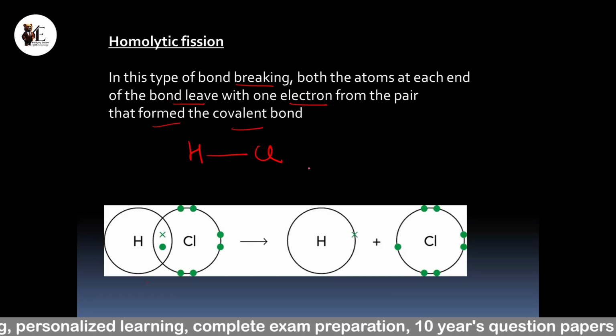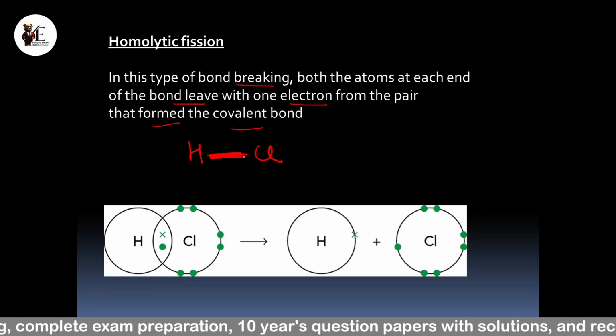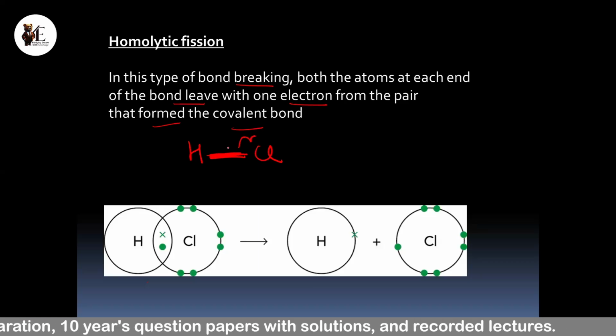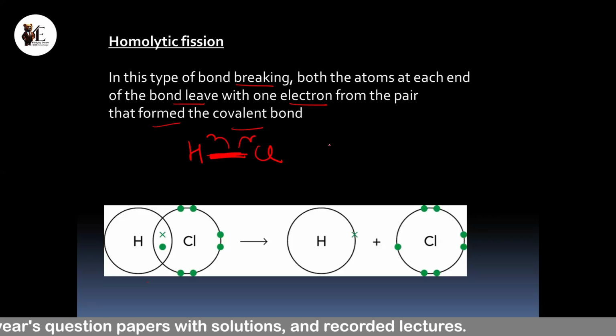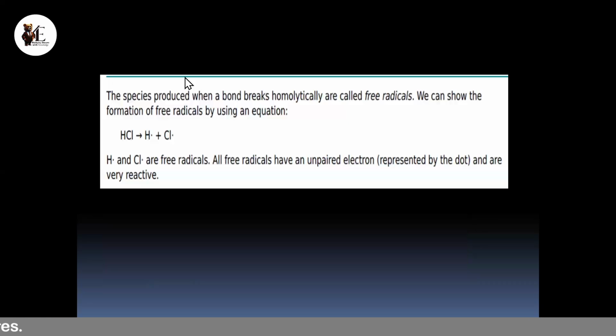Then what happens in homolytic fission? I told you how many electrons this bond contains: 2 electrons. So in homolytic fission, you represent it with a fish-hook arrow. One electron is taken up by hydrogen and one electron is taken up by chlorine. That means there is equal distribution of electrons in homolytic fission. Here, the species produced when a bond breaks homolytically are called free radicals.